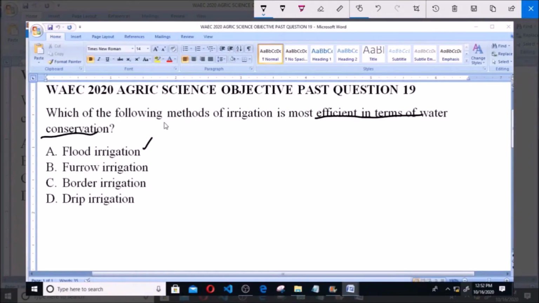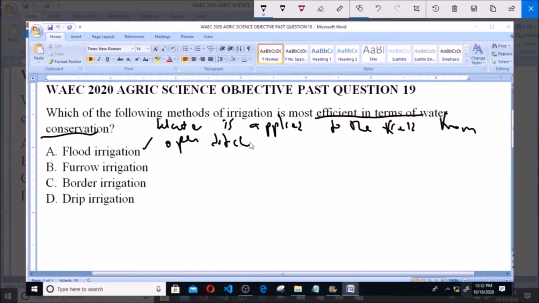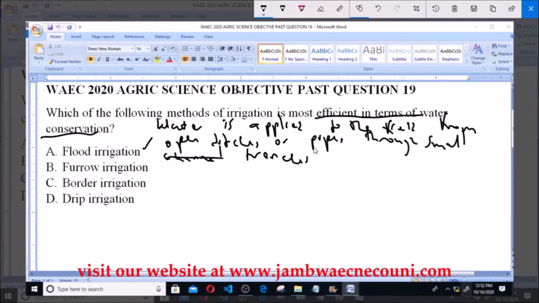Option A says flood irrigation, and in flood irrigation, water is applied to the field from open ditches or pipes through small channels or small trenches running through the crops.